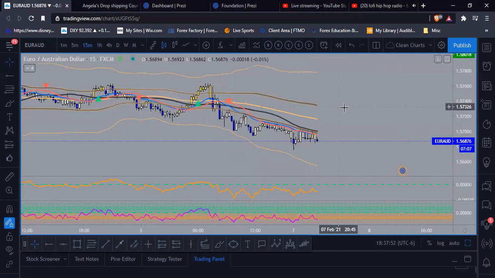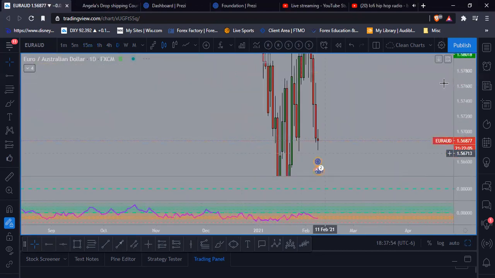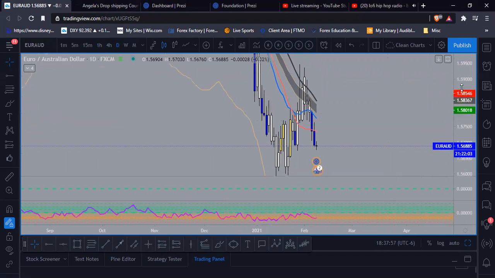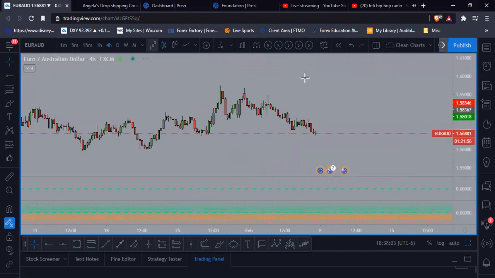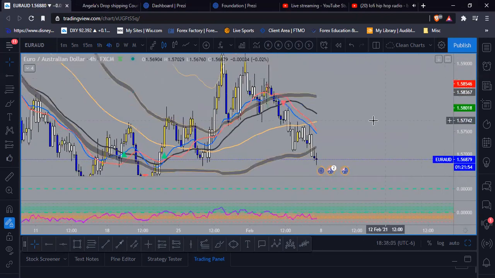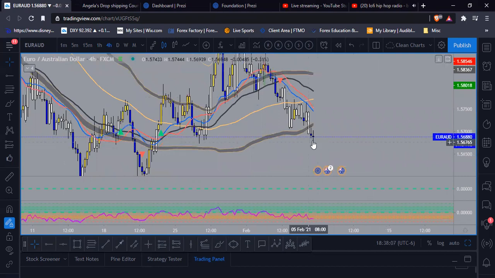Now let's go on over to the daily time frame of AUDUSD. First of all, been very bearish, rejected off of this RSI line, bounced back down. That's cool. 4-hour time frame, ooh, dropped lower than here, so we'll see how that plays out.